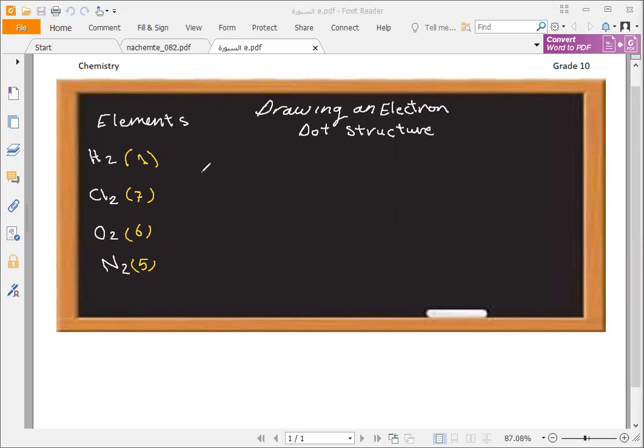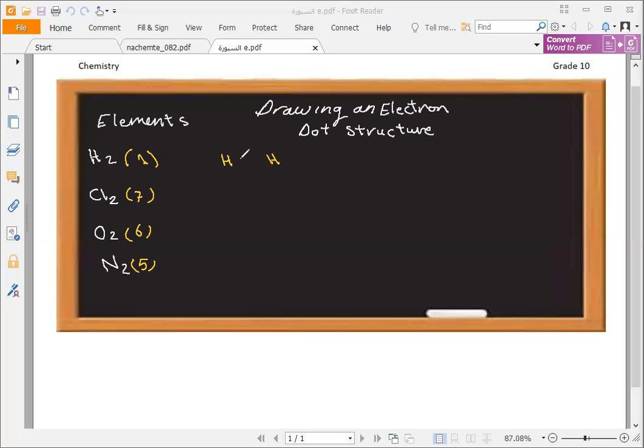Now, if we want to draw the electron dot structure of the molecule of this element, we have to know the number of valence electrons. Now, H2 means that there are 2 hydrogen atoms, 1 and 1.